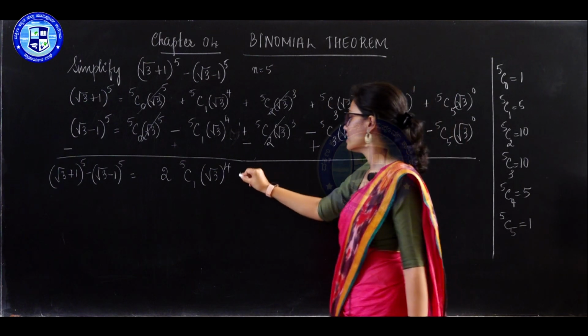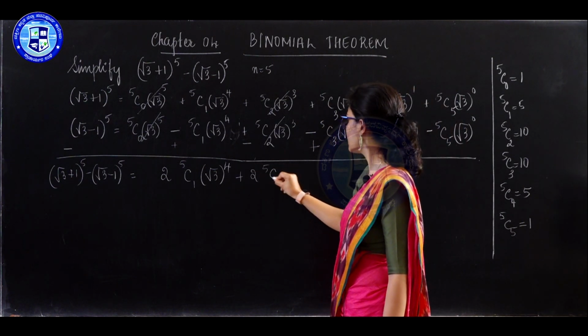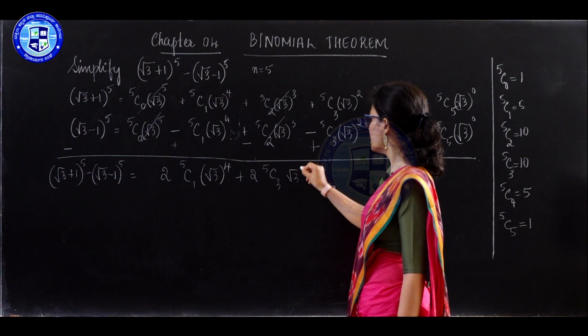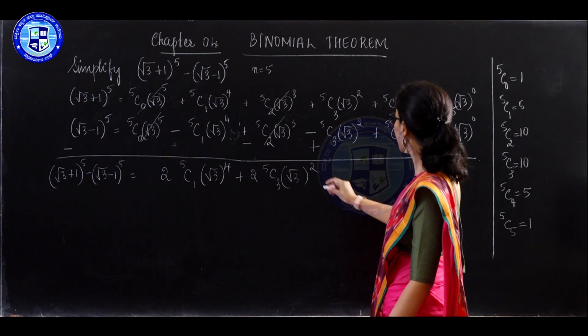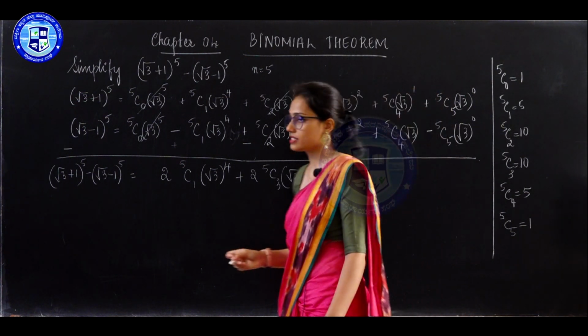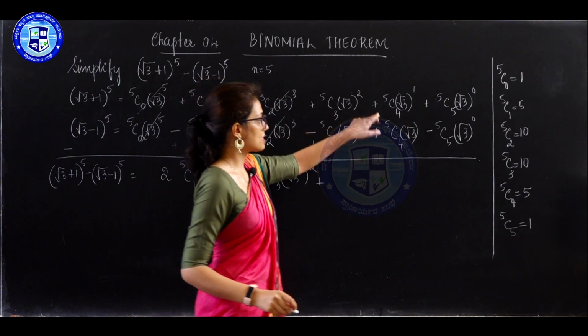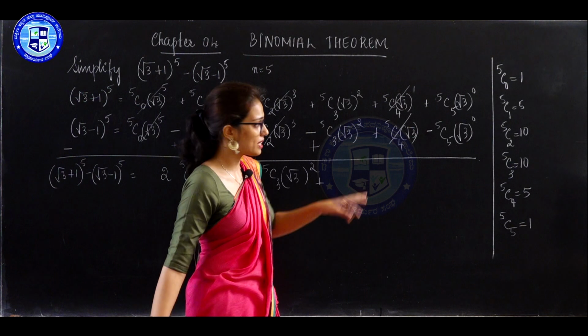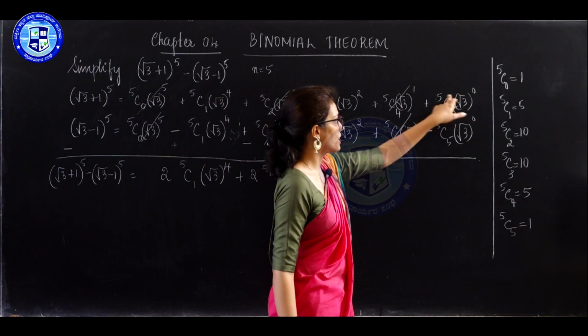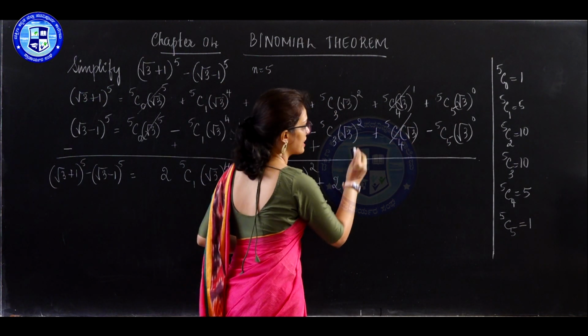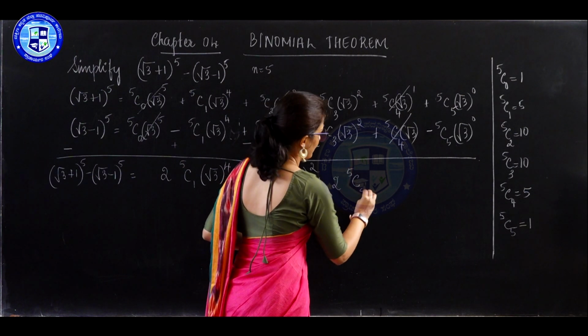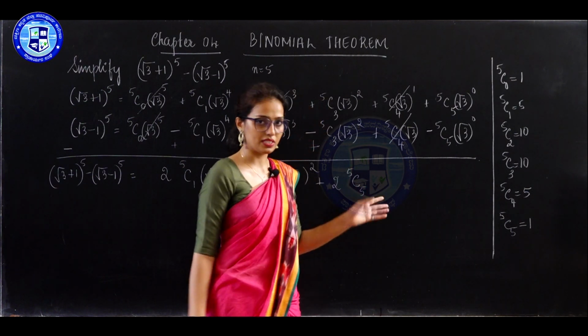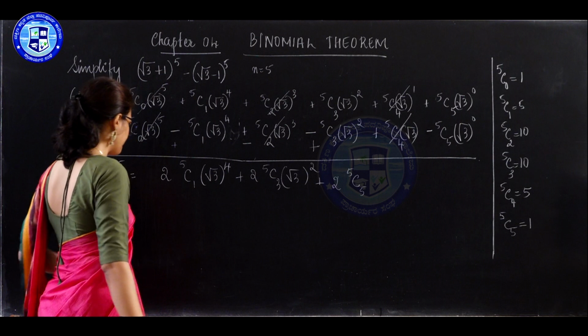Here you will get plus 2 times 5c3 root 3 square. Plus what happens to the next term? These two terms are same. When you subtract, they both cancel out. Okay, you will get 0. Here what do we get? We can add that and write 5c5, root 3 power 0 is 1, so I am not writing it.